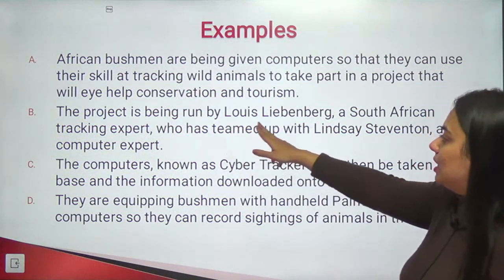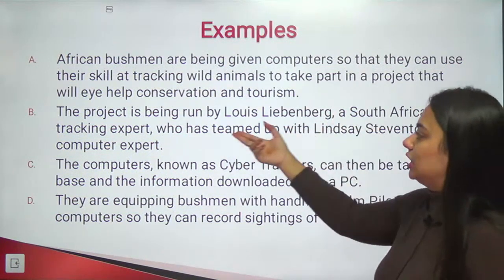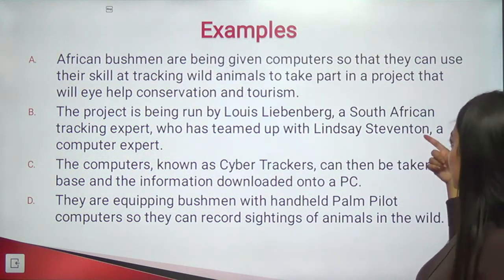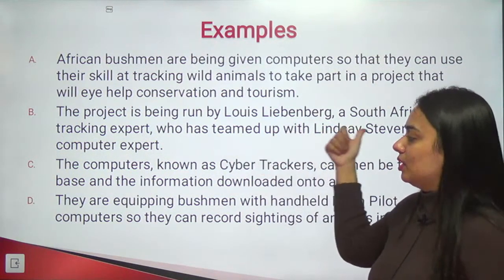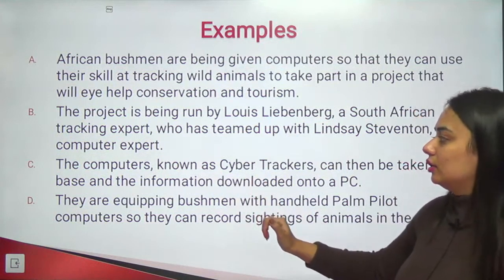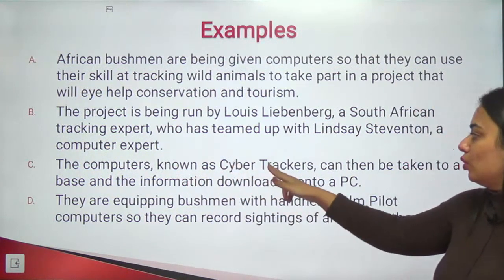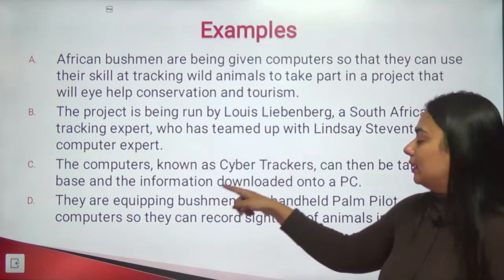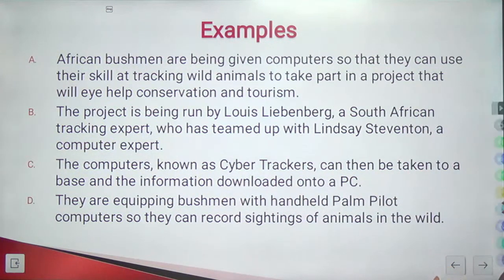The project is being run by a South African tracking expert who has teamed up with Lindsay Stevenson and a computer expert. The computers known as cyber trackers can then be taken to a base and the information downloaded onto a PC.